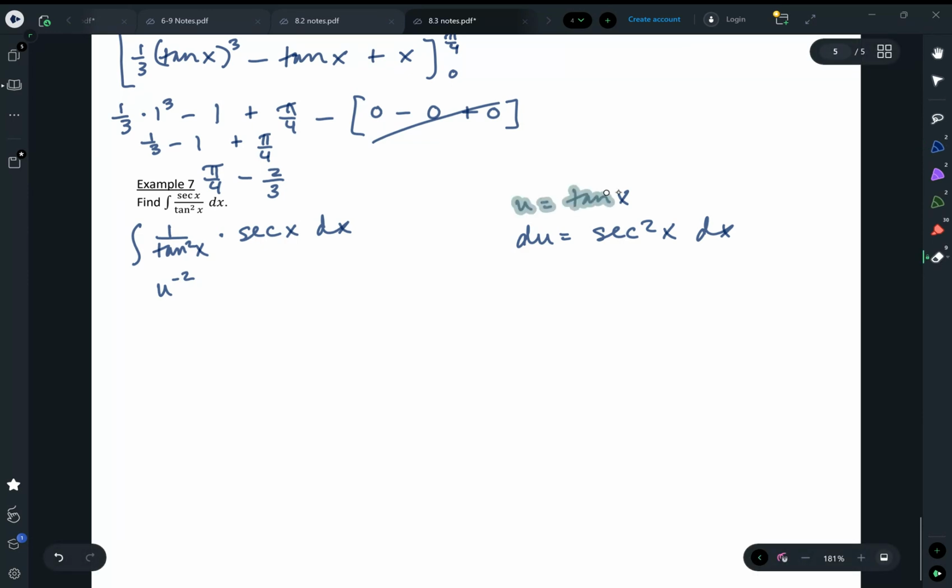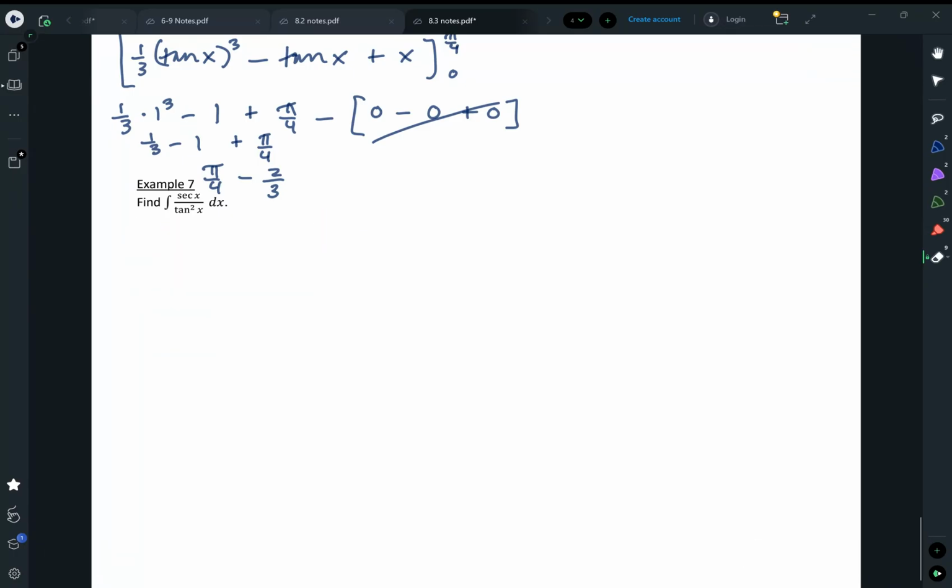We could try integration by parts, but we could also just try converting everything to sine and cosine. Since the exponents are pretty low, I have a good feeling about that. And I've already done this before. So maybe I'll go back and rewrite the way I had it: 1 over tangent squared x times secant x dx.